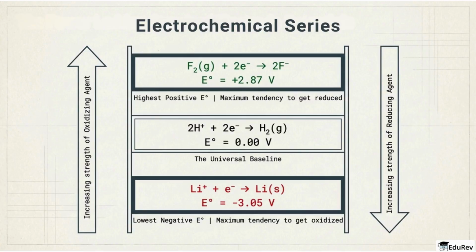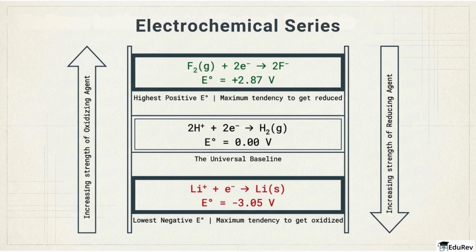The electrochemical series is the ranking list of reduction potentials. At the top sits F2 + 2e- yields 2F- with E0 equals positive 2.87 volts, showing the highest tendency to get reduced. The middle baseline is 2H+ + 2e- yields H2 with E0 equals 0.00 volts.